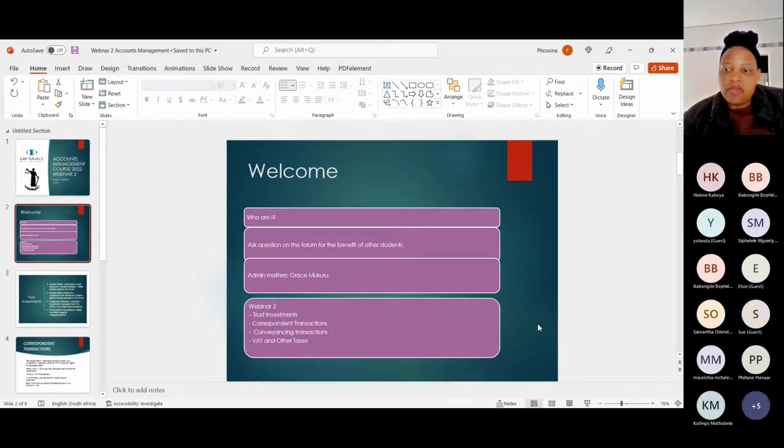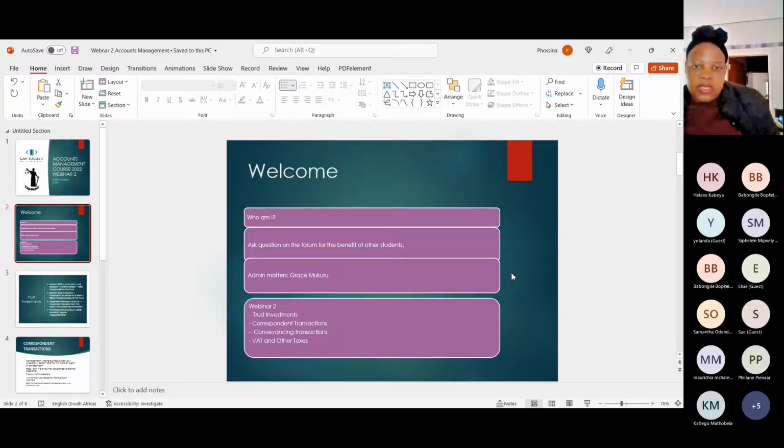If you ask on the forum, it will be beneficial for everyone, because everyone is going to be able to go through the forum at their own time, because it is not real time, it is online. Whenever someone wants to see what we were discussing, they can go on the forum and check, and it will be beneficial to them.